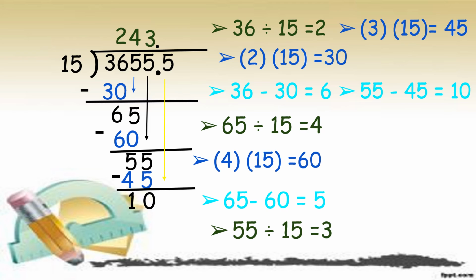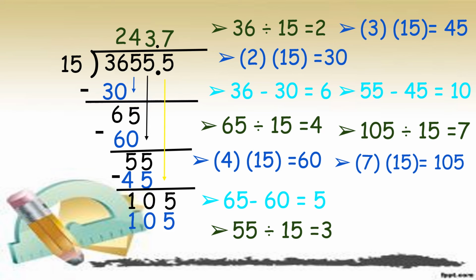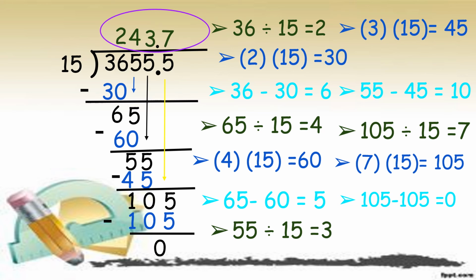Bring down the last number, which is 5. 105 divided by 15 will have 7. 7 times 15 is 105. Then subtraction again, 105 minus 105 is 0. Therefore, our quotient is 243.7.